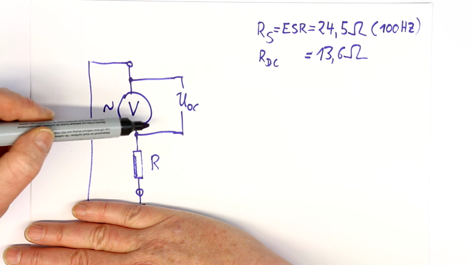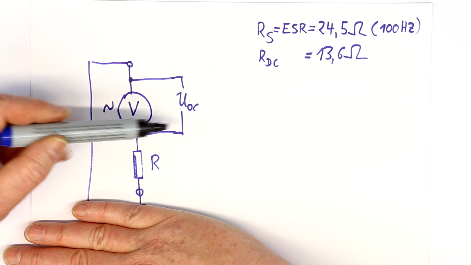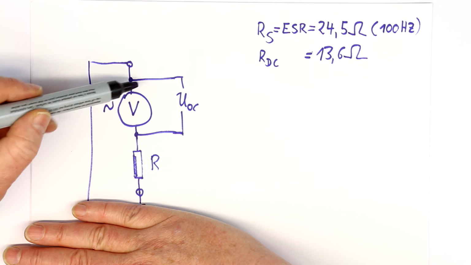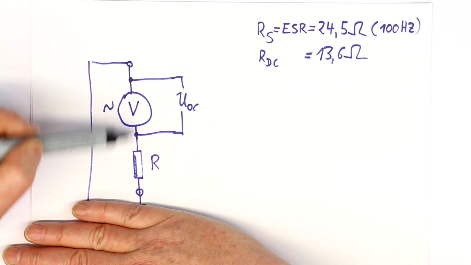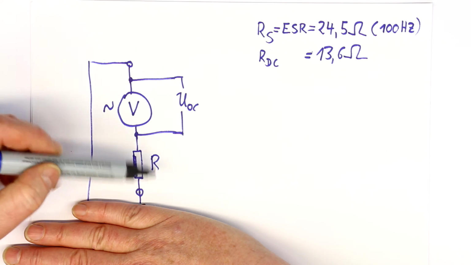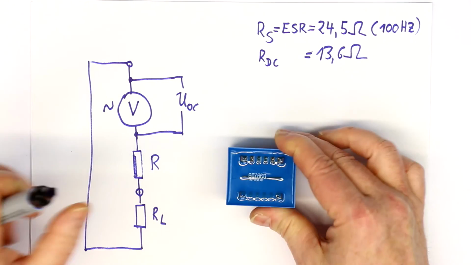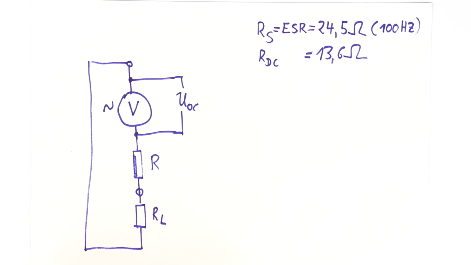But anyway, without a load, and that's why it's called open circuit, we can measure the open circuit voltage simply here at the output terminals of our secondary winding.